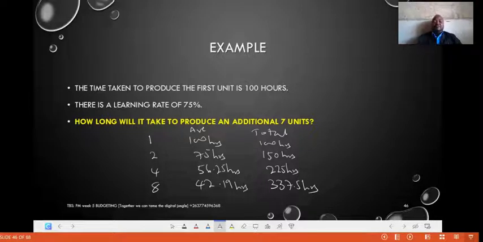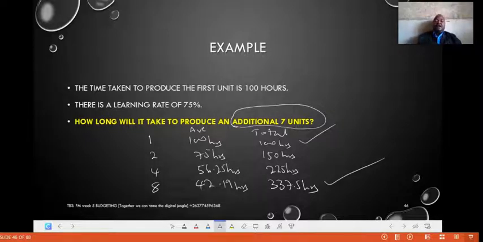Okay, so the question is saying, how long will it take to produce an additional 7 units after producing the first one? The first one, we realized, took 100 hours, and the production of 8 items in total took 337.5.